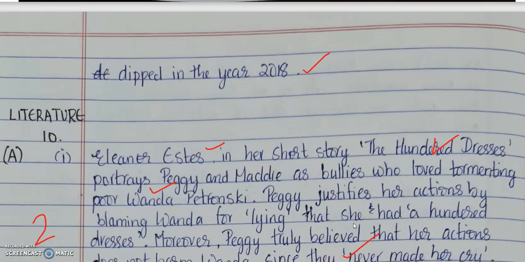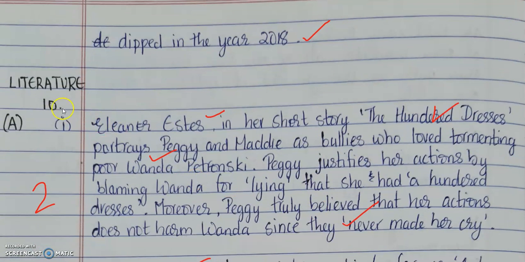Coming to literature, have a look at this question number, the option number, and the sub-question number. Opening with the writer's name, the kind of prose, a short story, the title, and a strong verb.